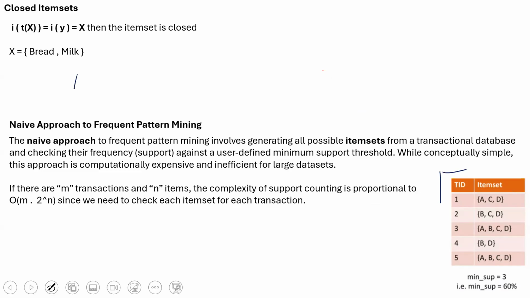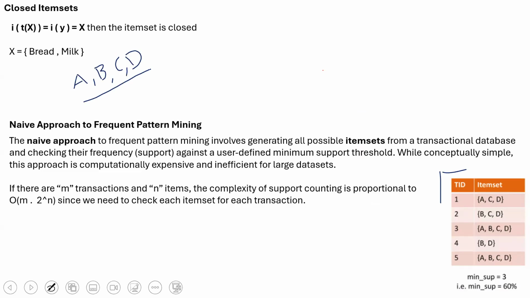I have A, B, C, D, right? I have four different items. Out of these four different items, I need to create the different combinations that are possible. So the best way is to create a lattice, okay?